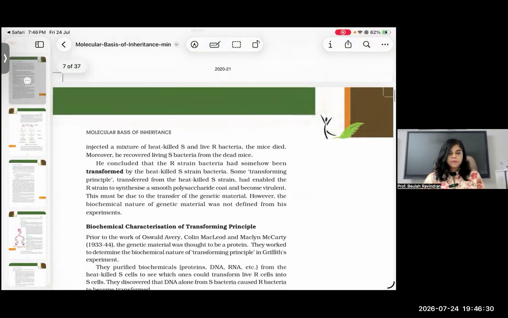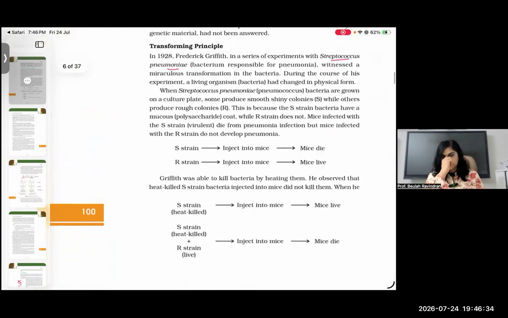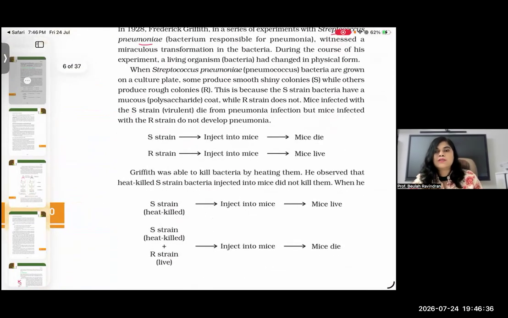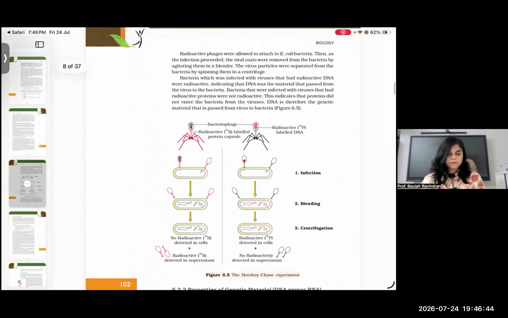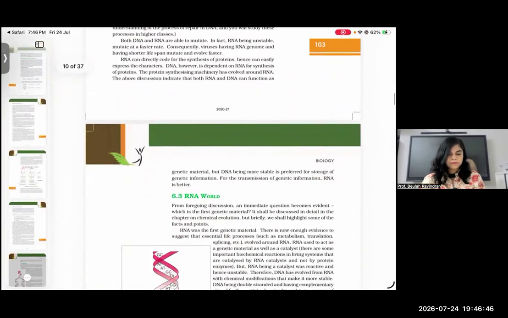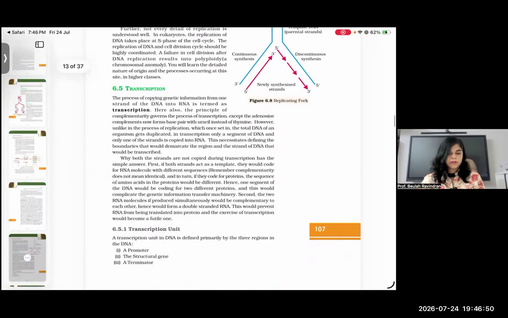So it's a search for genetic material, a very great search. I'll show you some pictures so that you can understand the transforming principle.